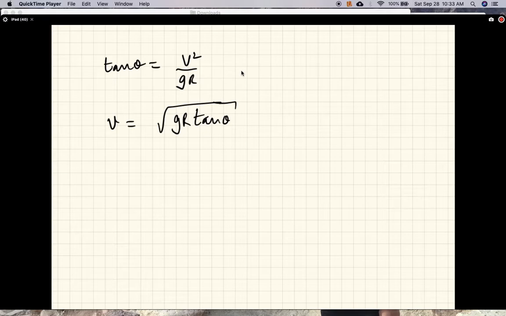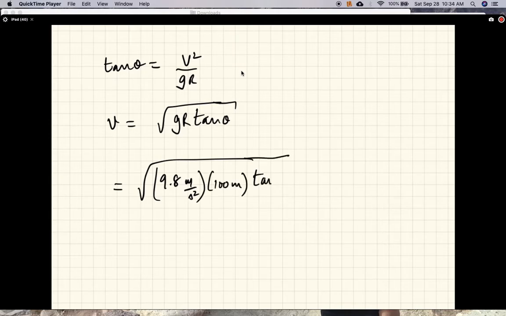Putting in the numbers: 9.8 meters per second squared times 100 meters times tan of 20, and this works out to 18.9 meters per second.